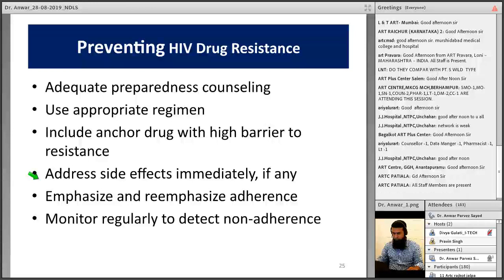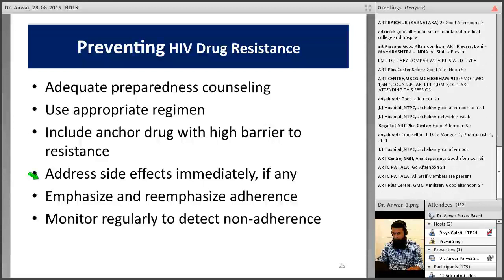But for example, if the patient is complaining of giddiness, and no one is talking to that patient about how it can go down, or how you can get relief from this side effect, because usually it is self-limiting, and after a month's time patients usually feel better, and then lifelong they actually do well on TLE. Of course there are some patients where we need to make some changes in the ART, but the majority of the patients tolerate this TLE regimen well. So if they have any problem, that has to be addressed.